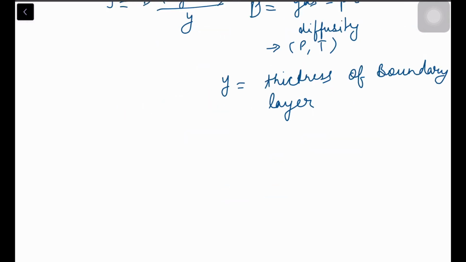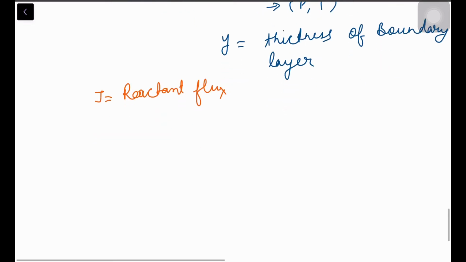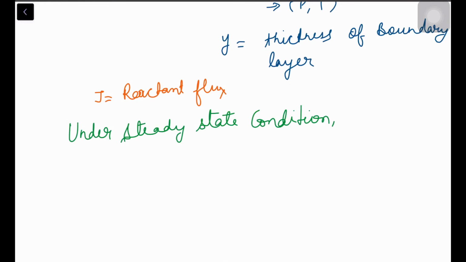Now J is the reactant flux, in molecules per unit area per unit time. Under a steady state condition, the flux of reactants across the boundary layer is equal to the flux consumed by chemical reaction at the silicon surface where the film is growing.